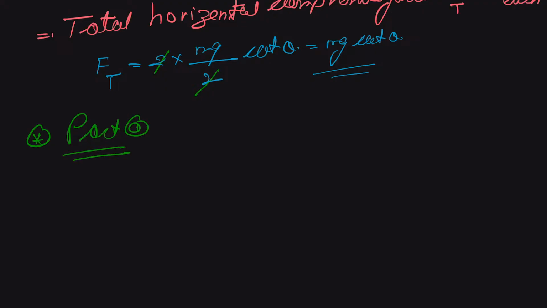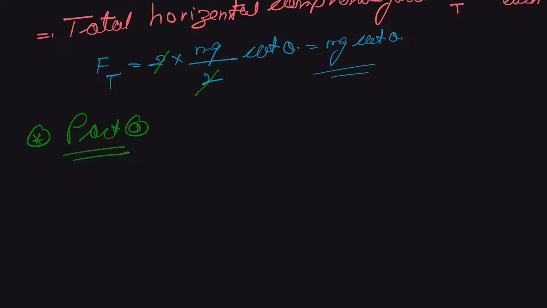And in part A, we are given an isosceles triangle. Okay. So we are having an isosceles triangle, and it is given as an inverted isosceles triangle.